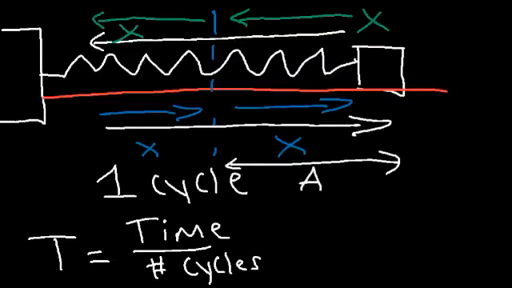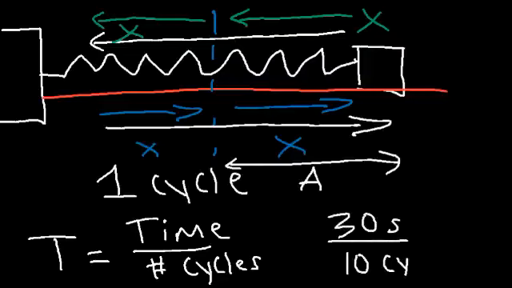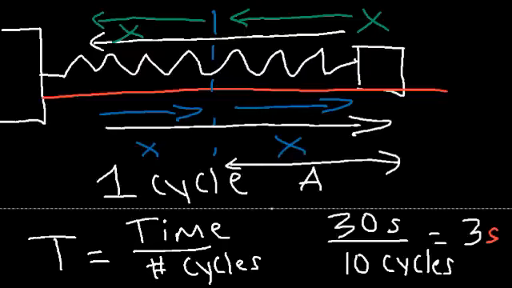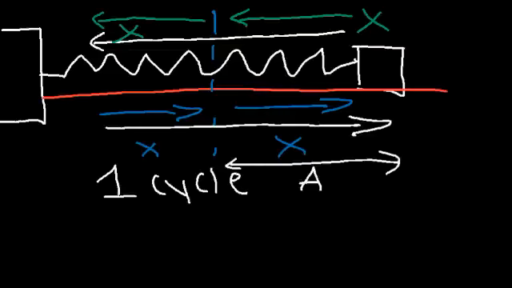So let's say it takes 30 seconds to complete 10 cycles. 30 divided by 10 is 3. That means that it takes 3 seconds to complete a single cycle. Therefore, the period is 3. So that's how you can find a period. It's the total time divided by the total number of cycles, or the time it takes to complete one single cycle.